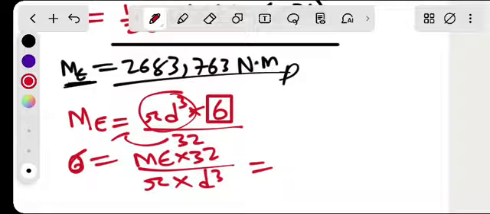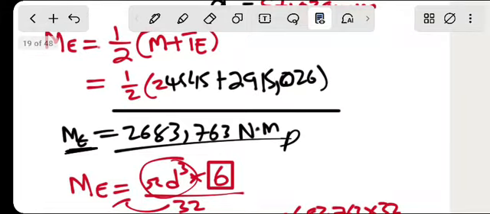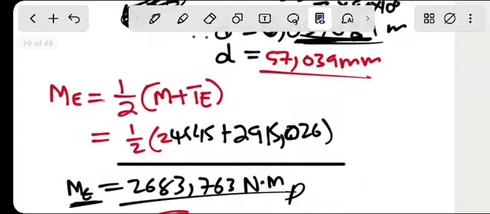ME is 2683.763. Then multiply by 32, divide this by pi. Our diameter is the one that we just got there, 57.039 millimeter, divided by that.